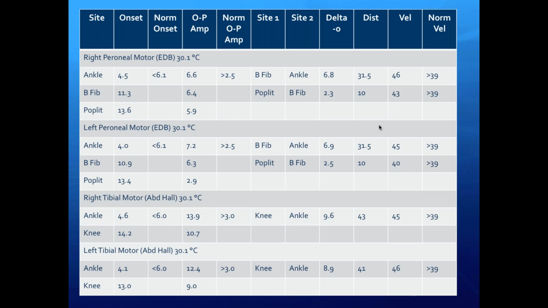It measures the motor nerve pathway, and the H reflex is measuring the sensory and motor nerve pathway for the tibial nerve. So the F waves are very helpful in the evaluation for a polyneuropathy condition.